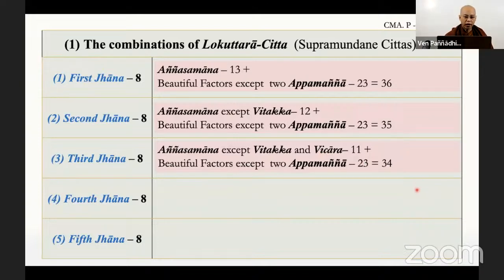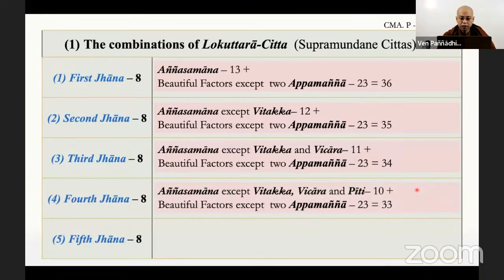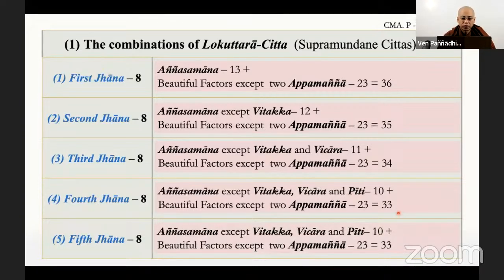So 34, and in the 4th jhana, 33, including Piti. Three become exceptions: 10 Anya Samana and 23 become 33. And for the 5th jhana, how many? Also 33. Right? So what is the difference between this 33 and this 33?